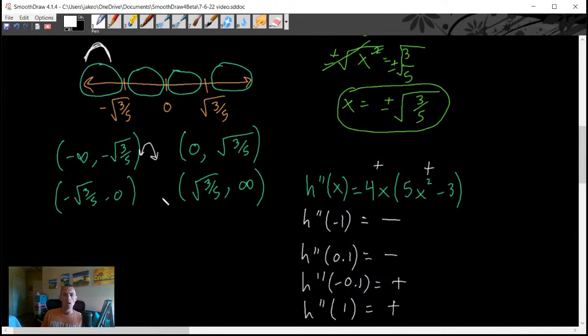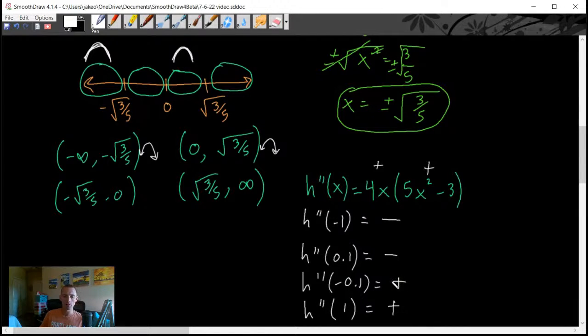Okay, then we know that our second derivative is negative for 0.1, which was in this interval right here. If the second derivative is negative, that means the original function is concave down. So this is curving downward. That was this interval right here from 0 to √3/5.